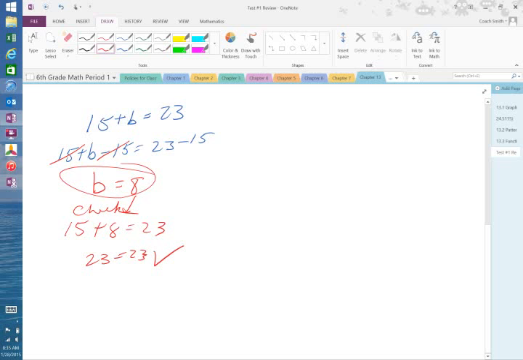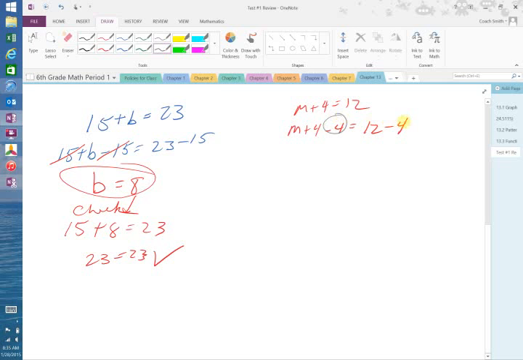All right, let's move on. Number 2 is very similar. Let's look at number 3. m plus 4 equals 12. We're adding 4, so the inverse operation of adding is subtraction. So if we're adding 4, the inverse would be to subtract 4. That would be m plus 4 minus 4 equals 12 minus 4.